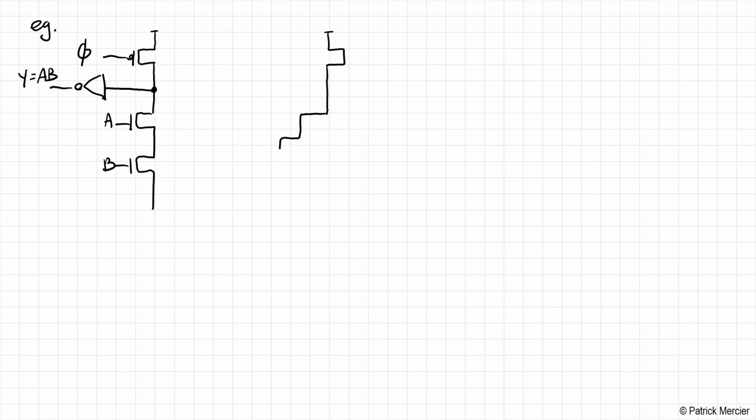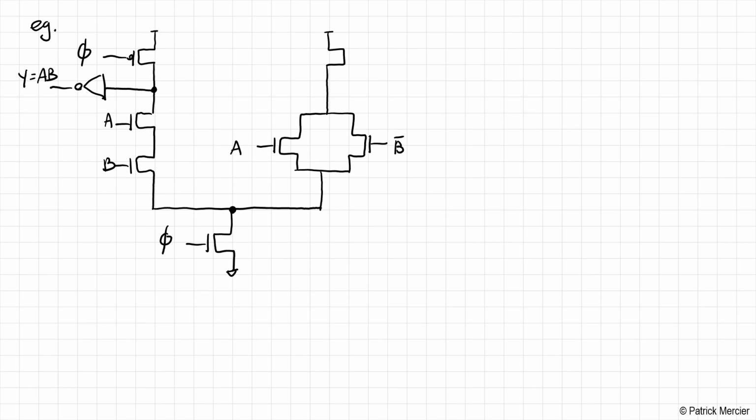So this will be something like this. Okay. And then we have our single NMOS evaluate switch here. These transistors are B bar and A bar. This PMOS pull-up is connected to clock phi, and this goes through a static CMOS inverter to generate Y bar is equal to A and B.